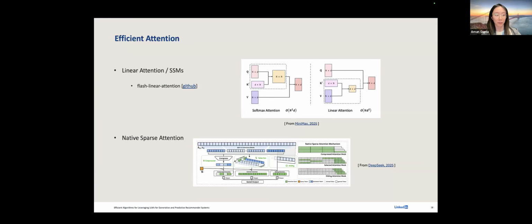Additionally, state-space models also offer a very novel framework for sequence modeling with a similar efficiency goal. And lastly, native sparse attention, published by the DeepSeek team, also leverages hierarchical sparsity with some hardware-aligned optimization to achieve substantial speedups over the long context.